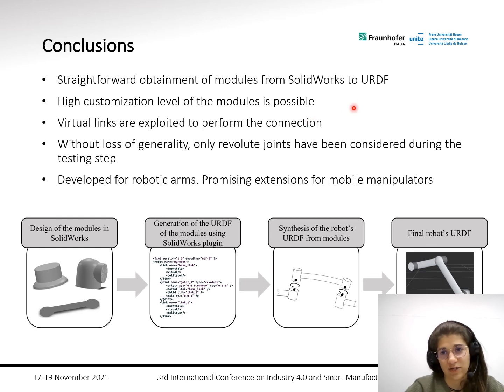You can customize them as you want. Then these virtual links are exploited to perform the connection, and without loss of generality, only revolute joints have been considered during the testing step. But obviously, their extension to prismatic joints is still possible. This approach has been developed for robotic arms, but promising extensions are also possible for mobile manipulators.